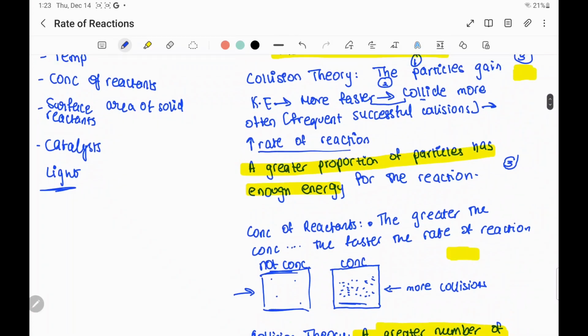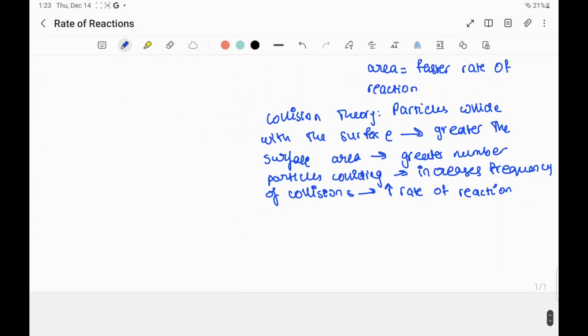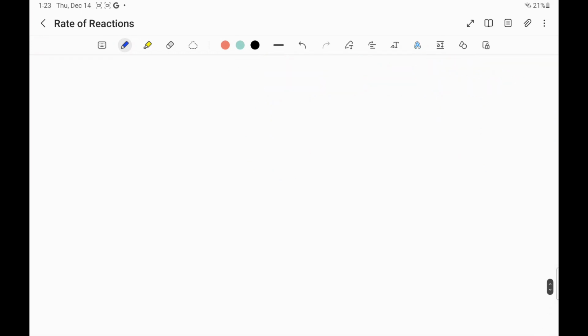Okay, so we've covered temperature, we've covered concentration, and we covered surface area. Let's move on to catalyst, which is very important.